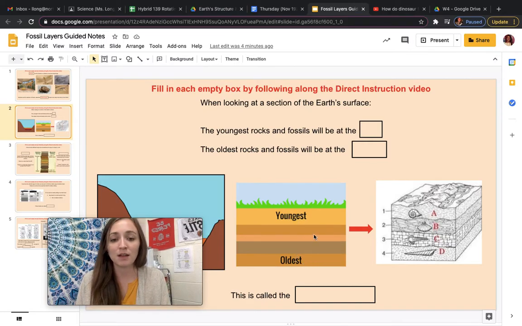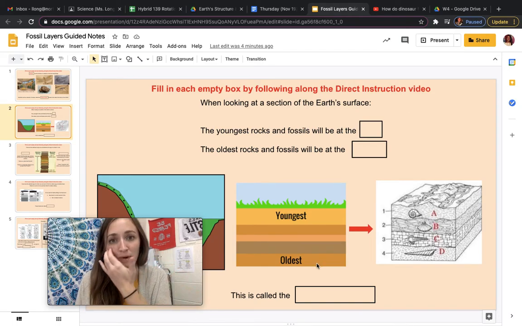So since we are talking about fossils living on the surface, and then they get buried, and then on top of that is another living thing, and then they get buried. We know that the further down you go, the longer amount of time ago that living thing was present. So like today, here we are at the top.